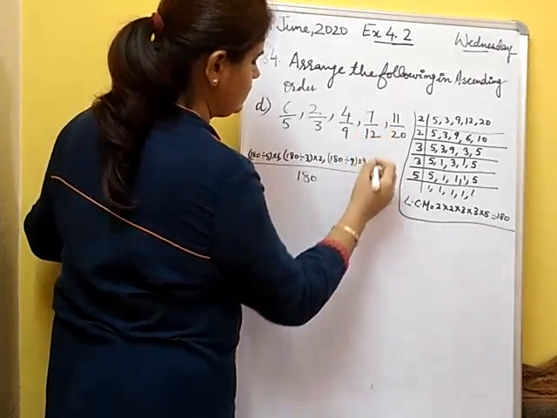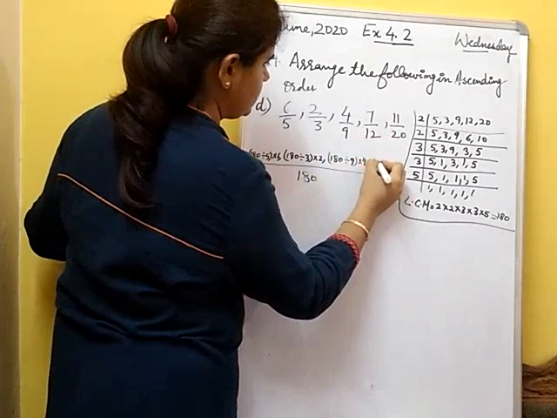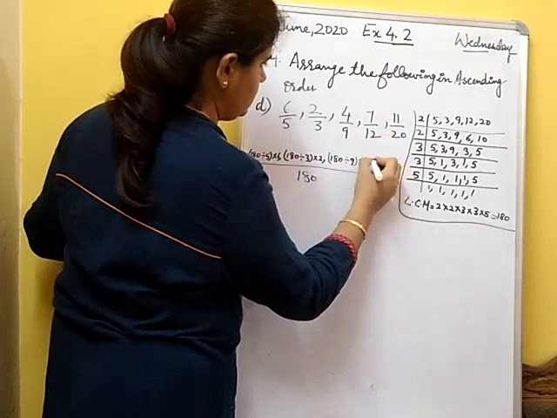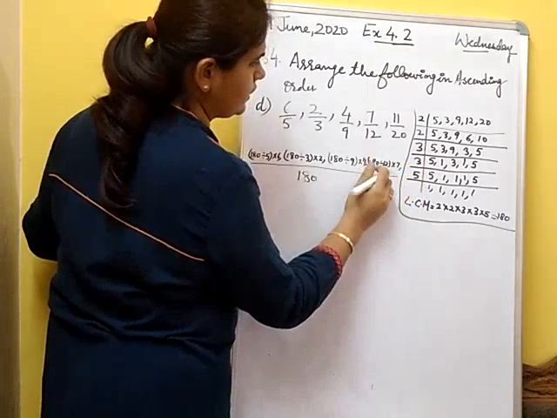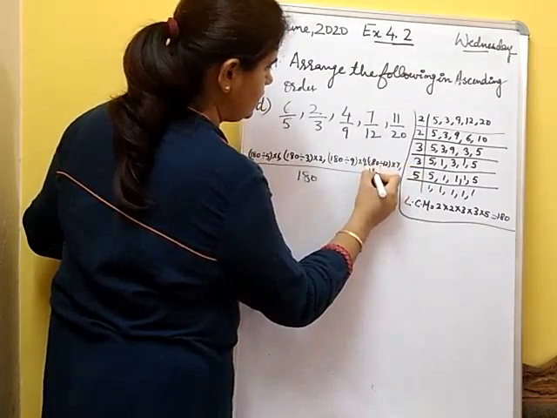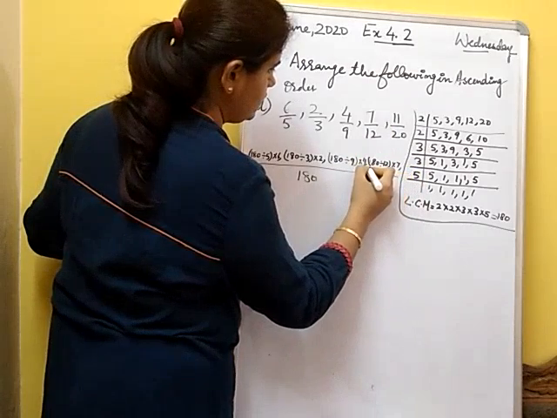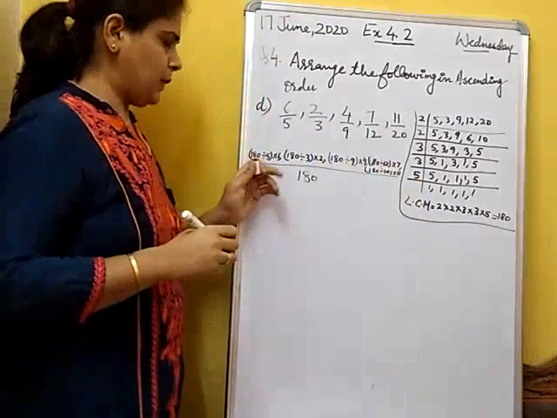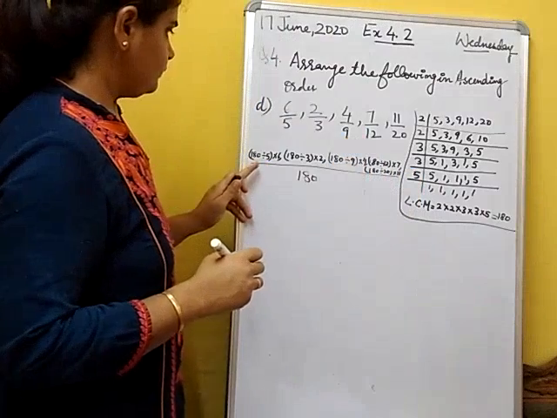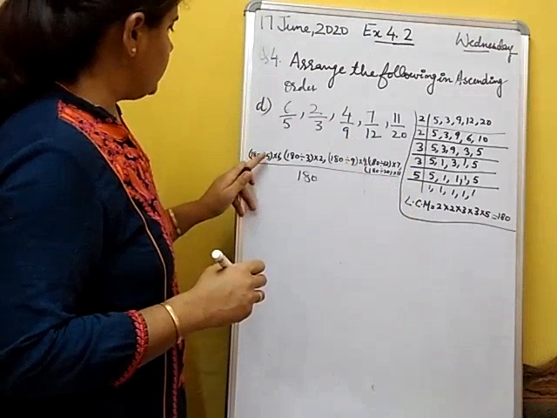Next, 180 divided by 12 multiply 7, and one more is left, I am writing it here. 180 divided by 20 multiply 11.